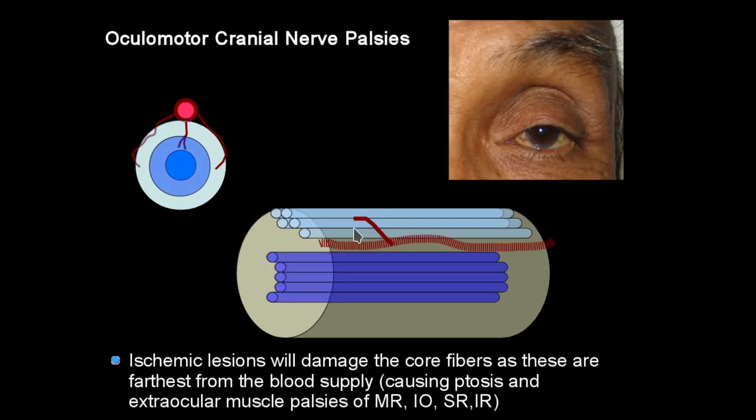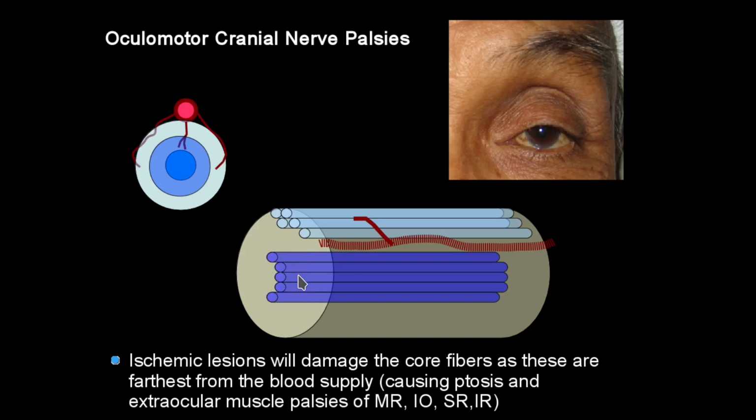Whereas, and you will learn this from LU4, LU6 onwards, the blood supply of a nerve unfortunately favors the ones on the outside compared to the ones on the inside. So the fibers on the inside, if there happens to be a blockage in the artery that supplies the nerve, or a drop in the blood pressure, the ones furthest from the blood supply will suffer the most.